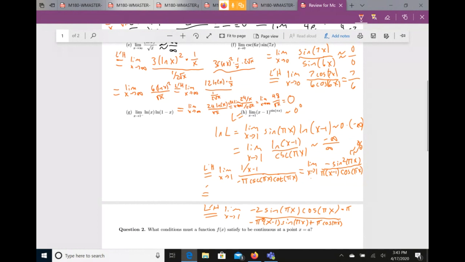Okay, and now if you plug in 0, I know this is a bit much here with all these terms, but if you plug in 0, you get 0 over pi, which is just 0.